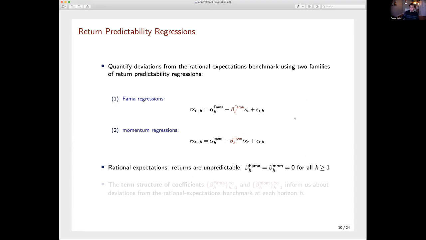Under rational expectations, since excess returns are unpredictable, the slope coefficients of both of these regressions should be 0 for all h's. But away from rational expectations, these slope coefficients could be non-zero, and we're going to look at the term structure of these coefficients to inform us about deviations from rational expectations at different horizons.